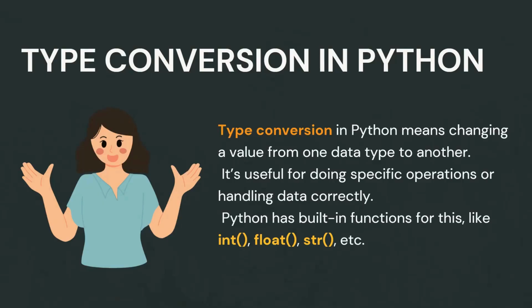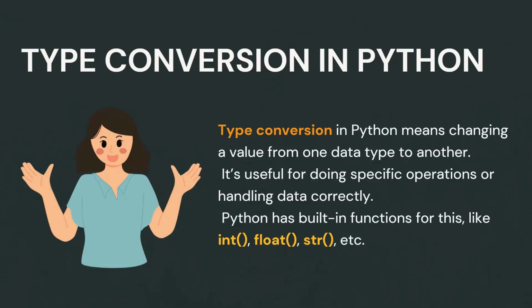Why does this matter? Because in Python, different data types behave differently. You can't add a number to a string without converting it, or compare values correctly if they are different data types. So type conversion helps you handle data the right way and avoid bugs.